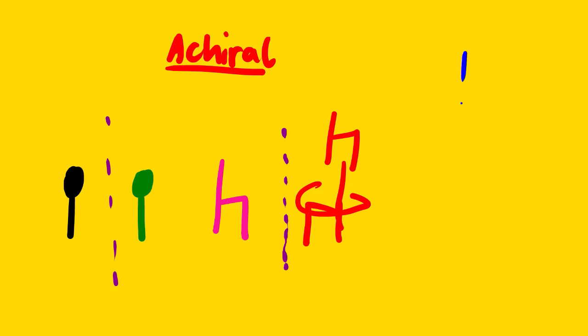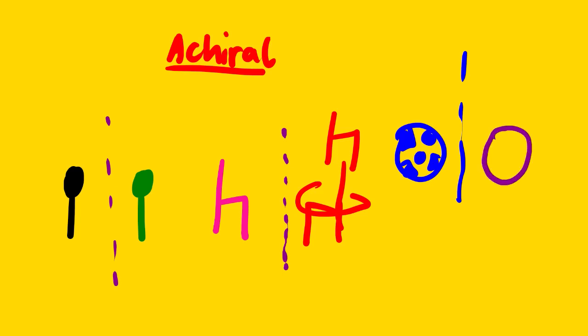Let's say we put a soccer ball. We know very well that what we see on the mirror will be the same as the actual object. So this is the difference between chiral and achiral.